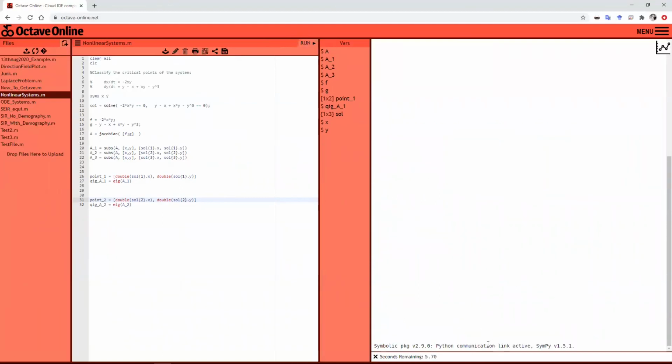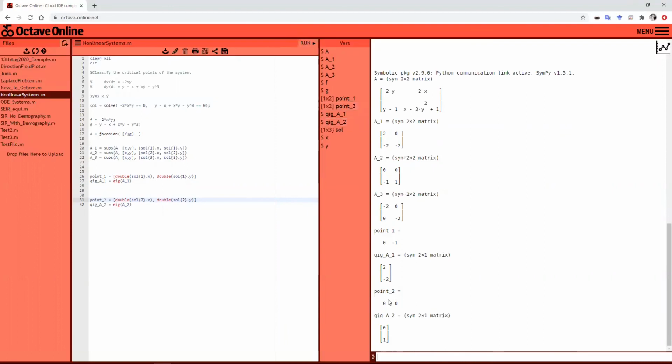So at the point 0, 0, so point 2 here, we get the eigenvalues 0 and 1. Okay, so because we got an eigenvalue of 0, just like in our class, in lecture 35, the test is inconclusive. So this classification of critical points does not work if one of the eigenvalues is 0. Okay, so that's exactly the same as what we found in class.